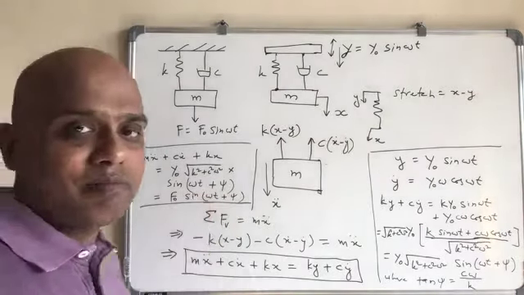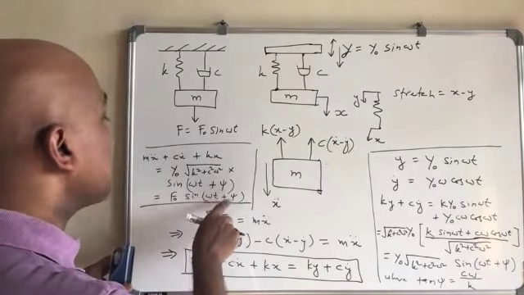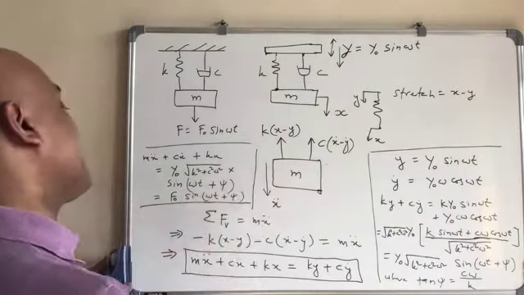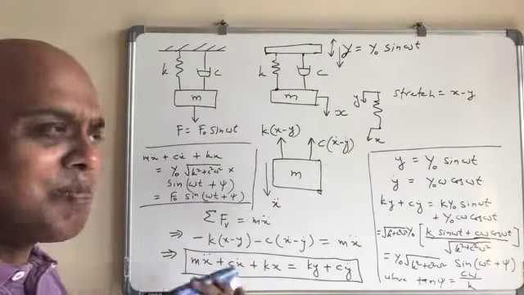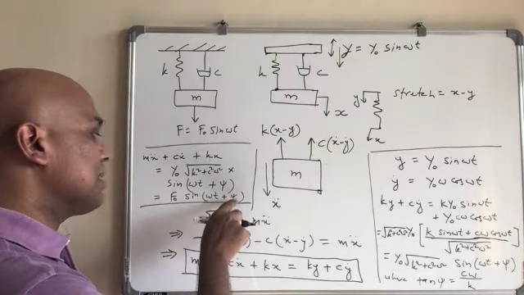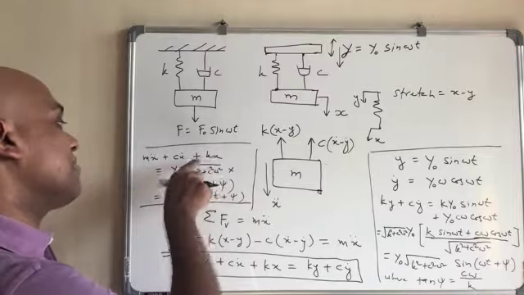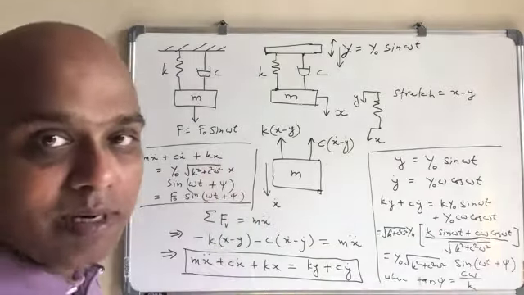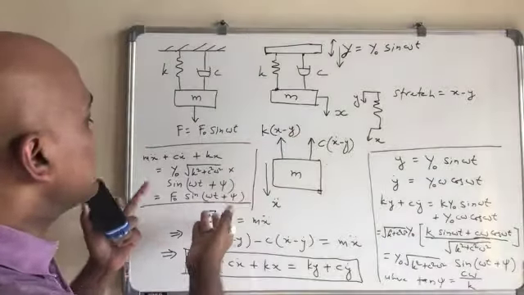The phase will be omega t plus psi minus phi, since there is a phase lag, where tan phi we derived already yesterday.